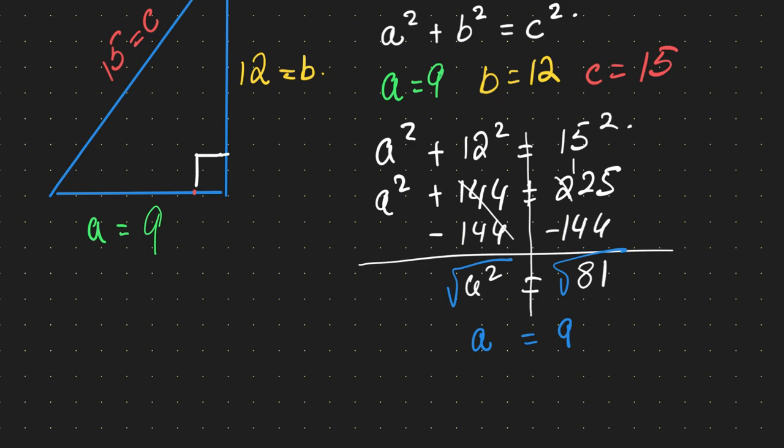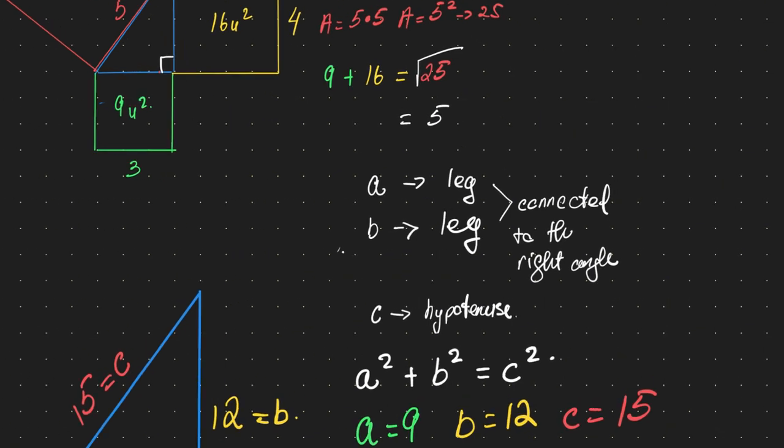All right, so let's recap. The two short sides, attached to the right angle, are the legs, and the long side is the hypotenuse. And the Pythagorean theorem formula is something you should try to remember: a squared plus b squared equals c squared.